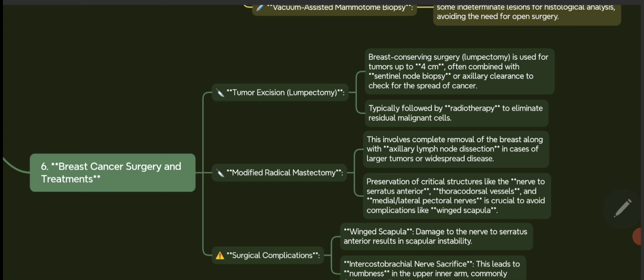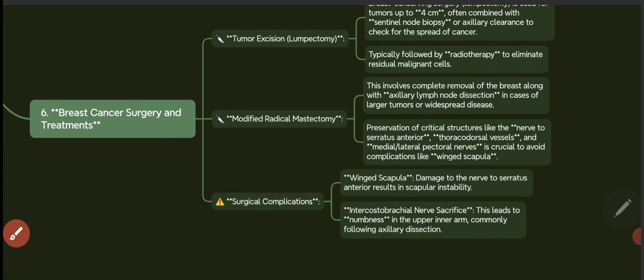So what are the ones that you know? It involves complete removal of the breast and axillary lymph node dissection, with preservation of the critical structures like the nerve to serratus anterior, otherwise this can cause winged scapula. The best known surgical complication is the winged scapula. Why? The nerve to the serratus anterior is cut.